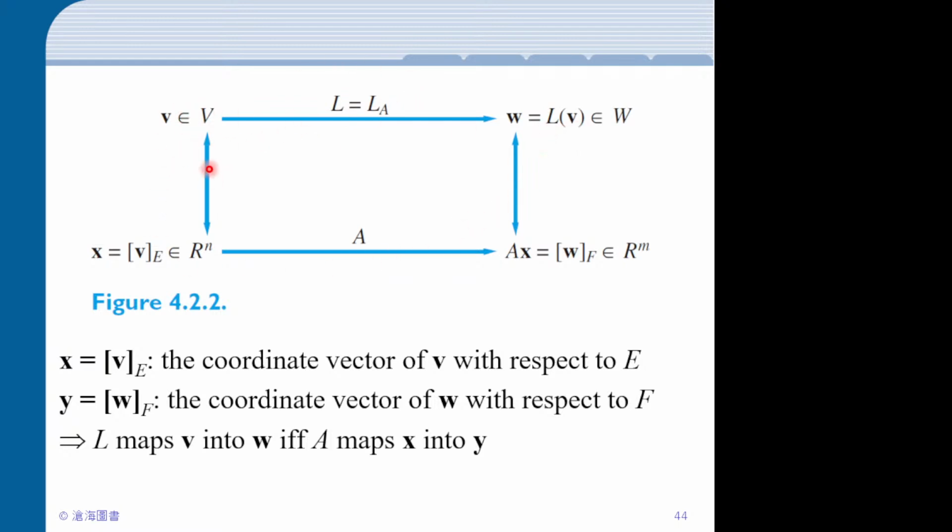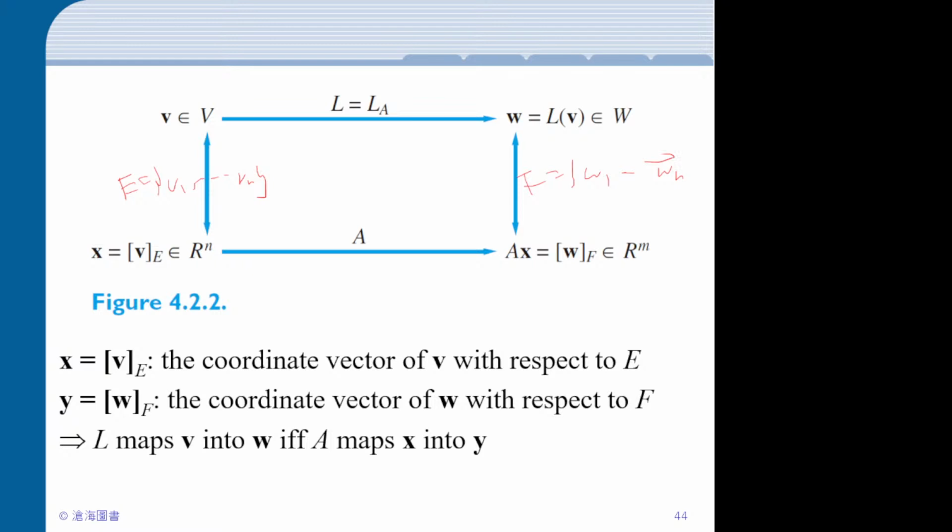And we can map vectors in V to vectors in Rn by fixing some basis E. So E equals V1 to Vn, and we have F equal to W1 to Wn.